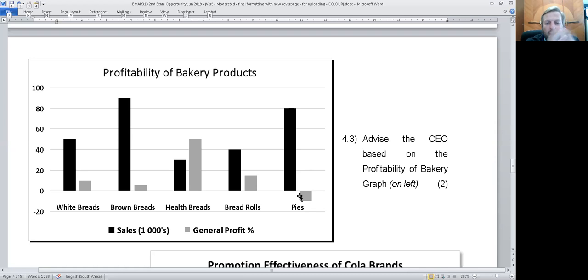Then it might make sense to make a slight loss on pies. Still, 10%, one doesn't want to really go into 10%. One might go and break even, 2% loss or something like that. So advise them because they've got quite a hefty amount of sales, 80,000 sales of pies.